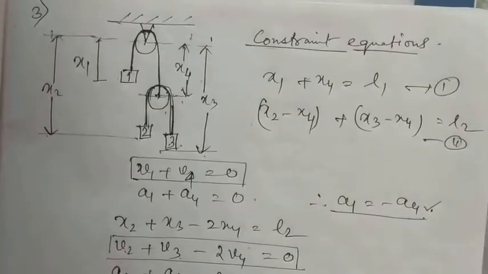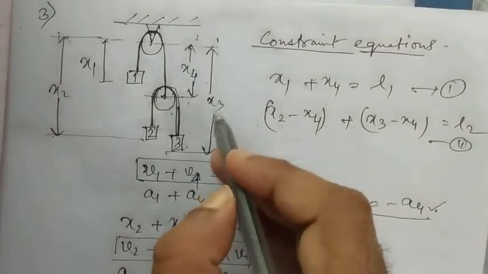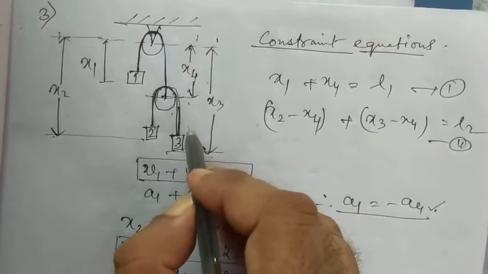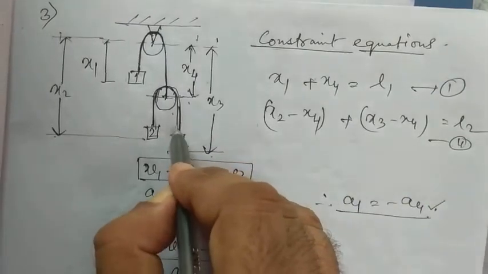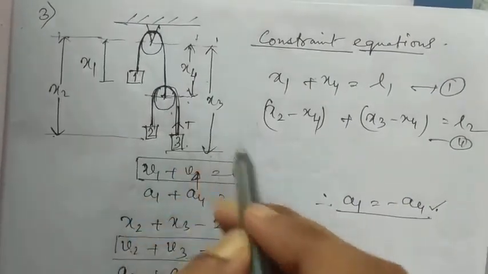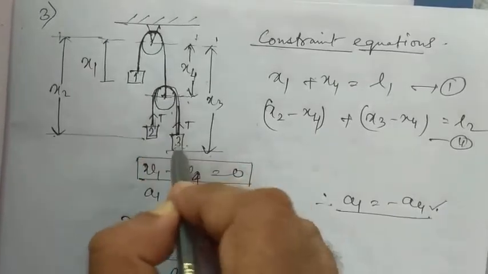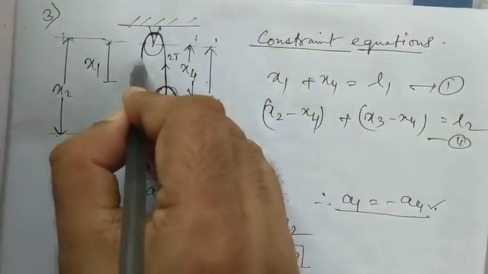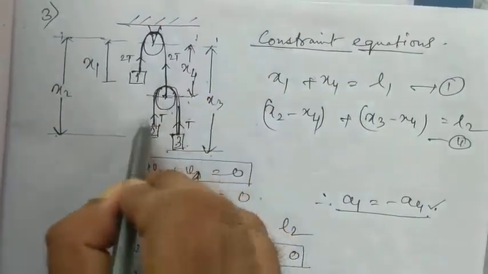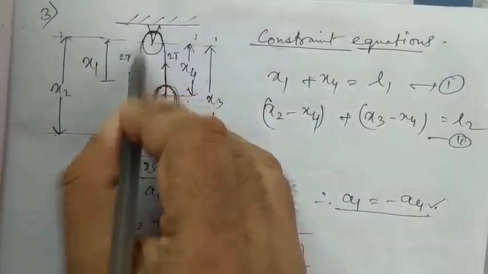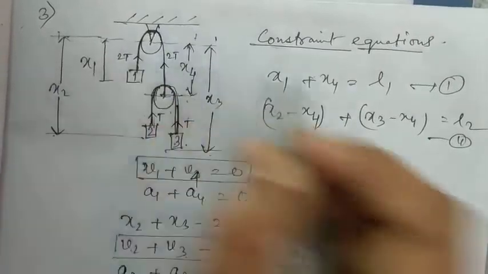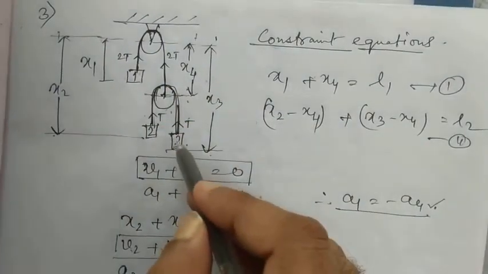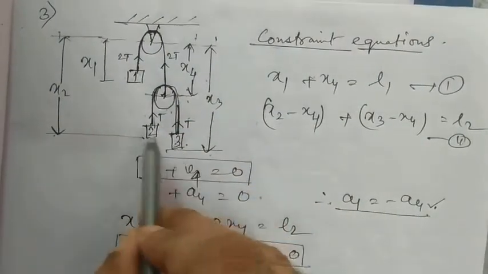Now we try to write the free body equations. You can all do it now. This is T, this is T, as it is the same string. This becomes 2T, this also becomes 2T. T plus T becomes 2T, and this is the same string, so it will also be 2T. So we can write the equations very easily. This is 3 kg, this is 2 kg.